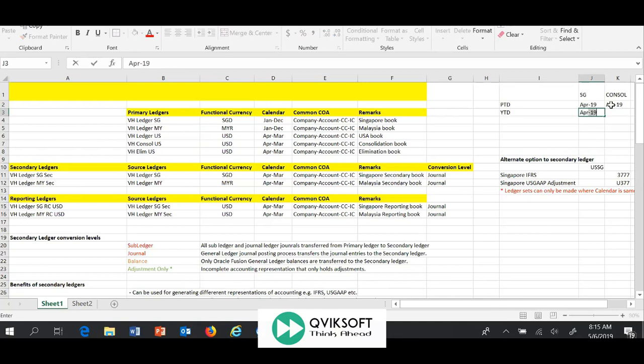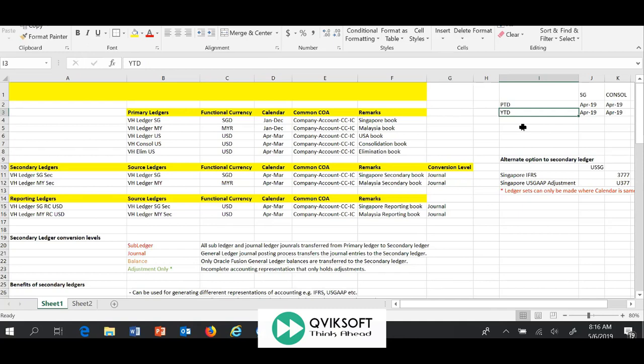Now, if I do YTD, will this give me any trouble? When you are doing YTD, I think yes, it will, because your retained earnings account and those accounts will be different at the trial balance level.